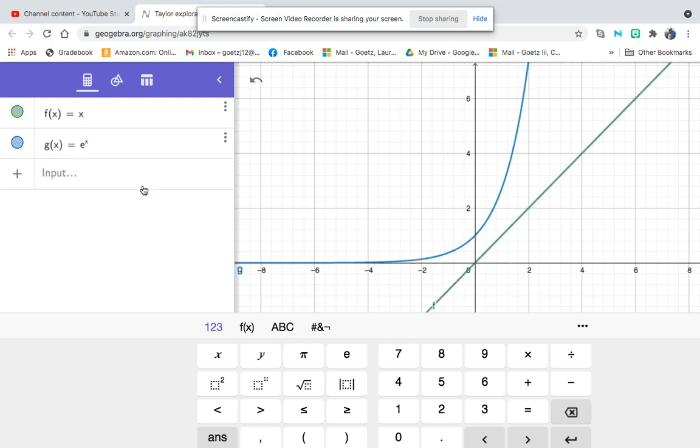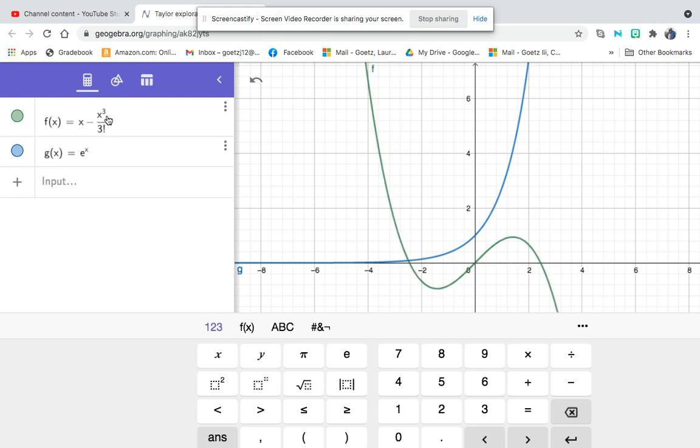X, right? And then what was the second term? Signs alternated, and I had x cubed divided by 3 factorial, right? Now, hopefully you're not surprised to see that's a cubic, with a negative leading coefficient. You're not surprised at the end behavior of that.